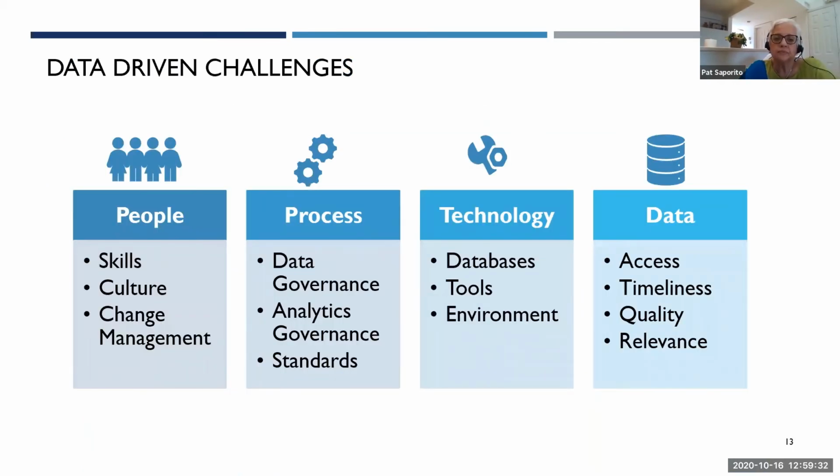But becoming data-driven certainly has challenges, right? And there are four big, key areas here. I would say the most significant one is around the people. It's about upskilling people, making sure they've got the skills in place. And more so, it's about the culture.